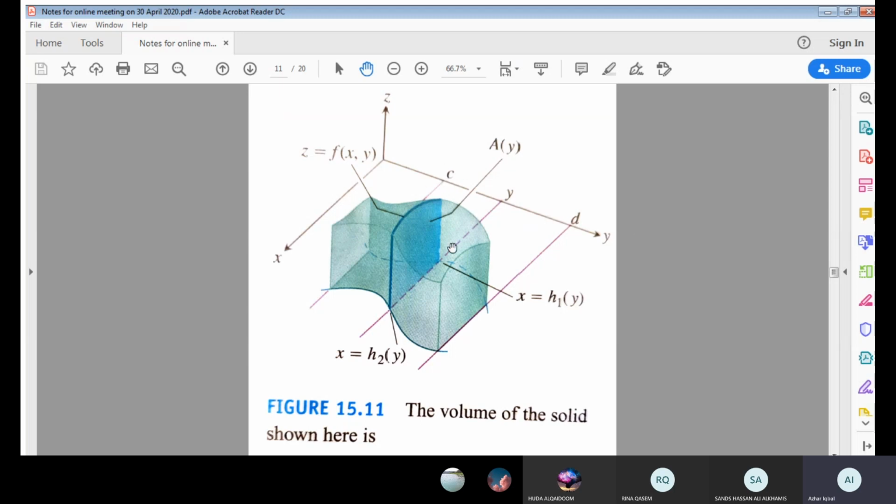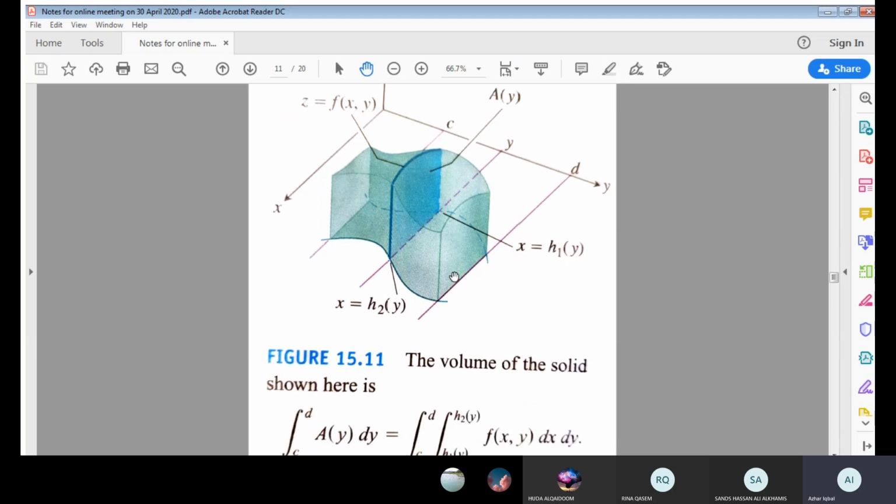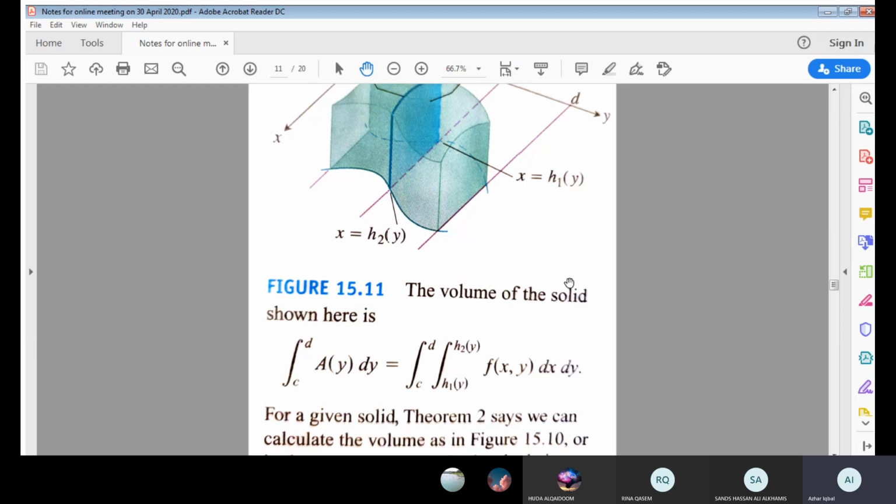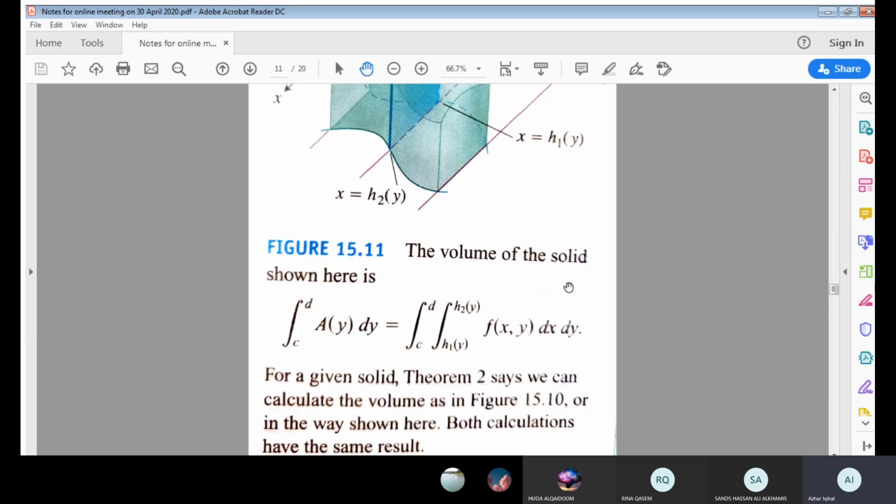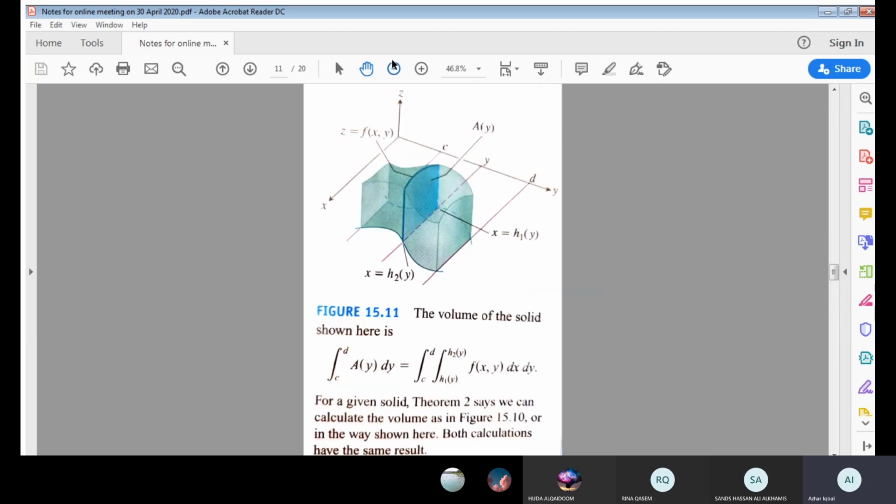On the other sides, these are the curves defined by x as a function h2(y) and x as a function h1(y).